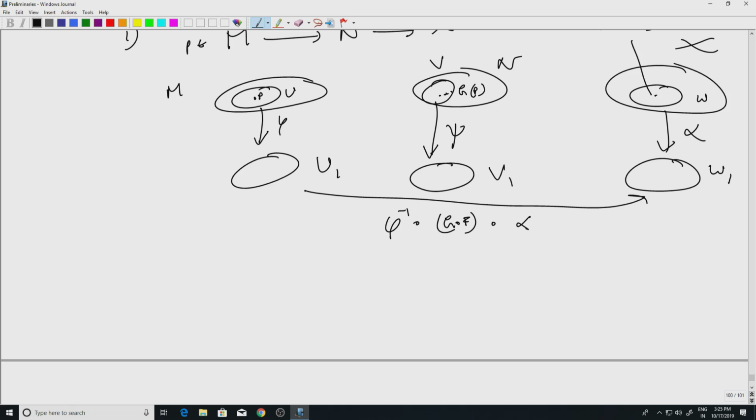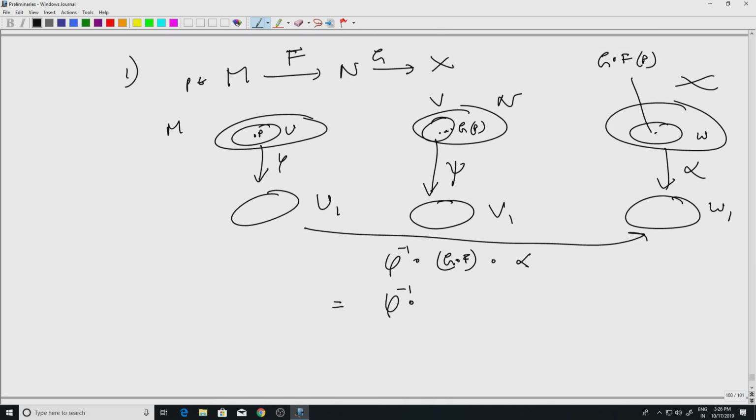Now, in order to check that this is smooth, you just write this as phi inverse composed with, so this was G and this was F. I'm starting here, going here, all the way to the right side. So let me show it like this.